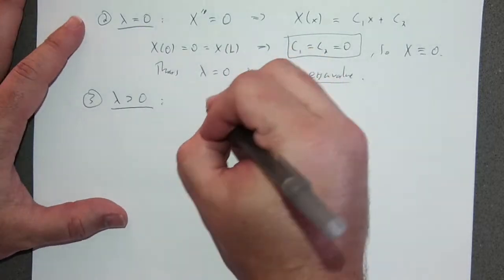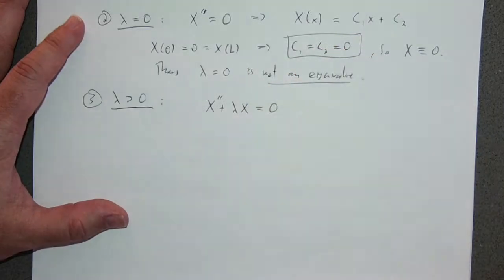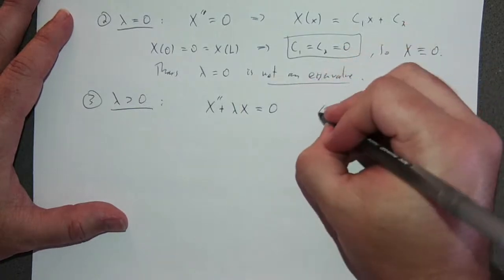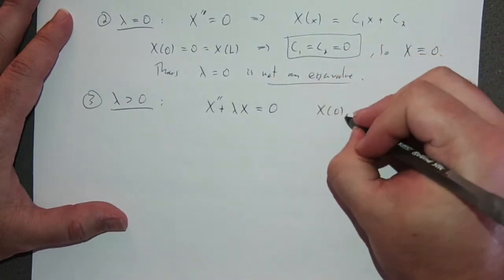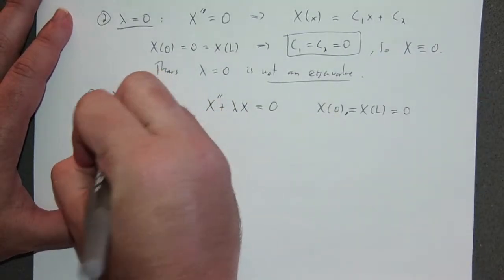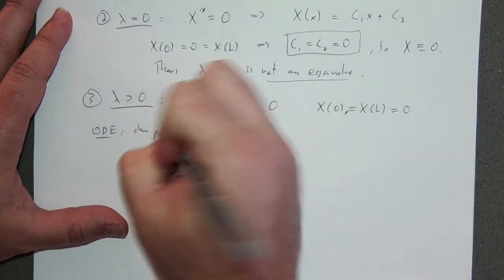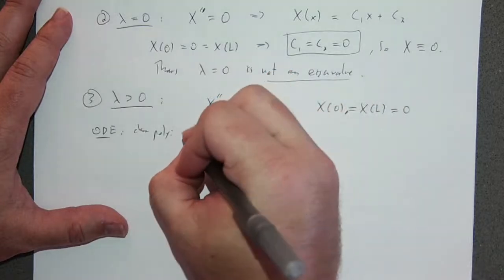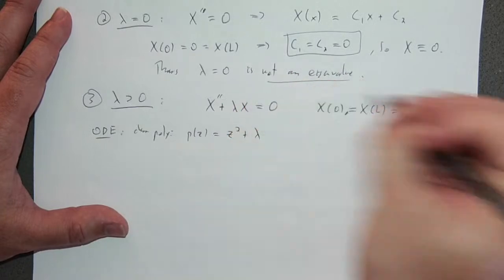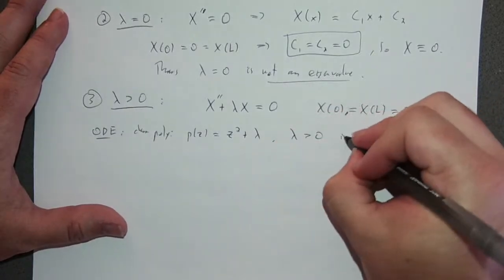Okay. So here we have x double prime plus lambda x is equal to 0. Recall from ODE, my characteristic polynomial, if you write it as p of z, would be z squared plus lambda, where lambda is now positive. So this has imaginary roots.